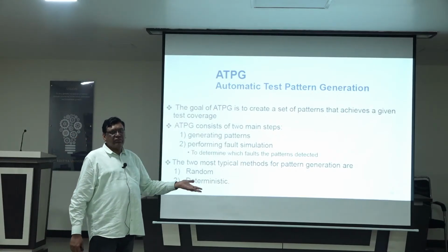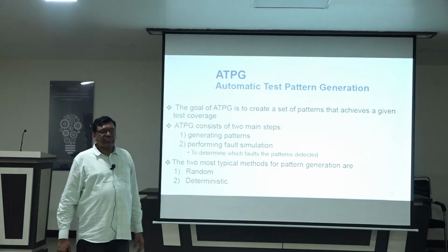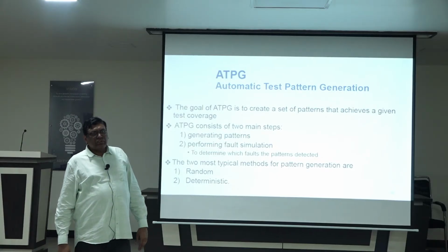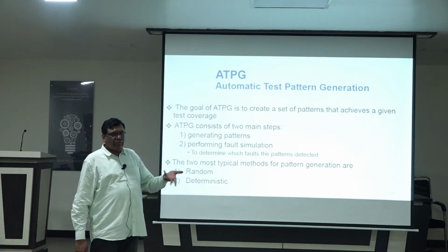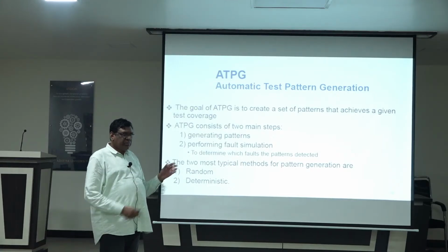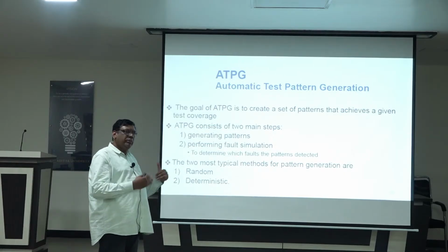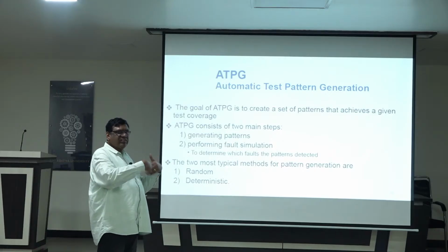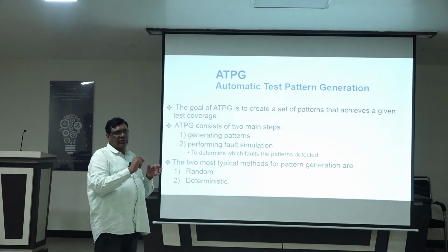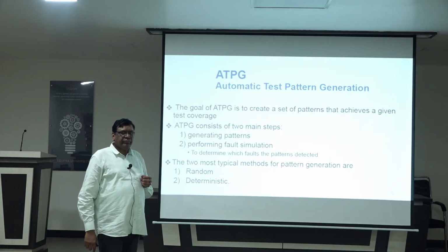Generally our goal is to get 99% coverage. Suppose some coverage is not there, then we have to go for another approach. Different techniques are there for us. I am telling a simple thing, but there are so many other techniques like this, though they all sit around this technique, with slight variations.